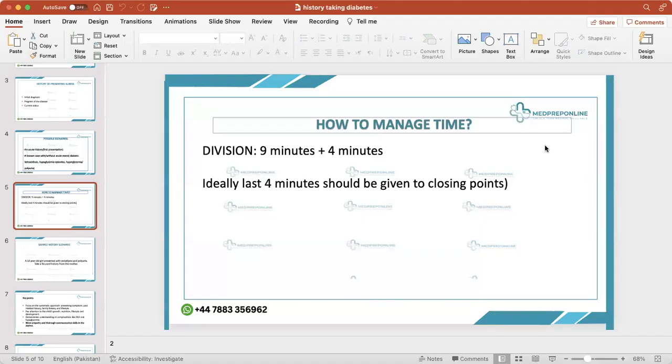When you're given the warning of 4 minutes, there'll be a knock on the door, or someone will say 4 minutes left. Then you need to go towards winding up, as well as making a mental list of your diagnosis and the problems. Because the questions that you're going to get in the Viva are all set questions.